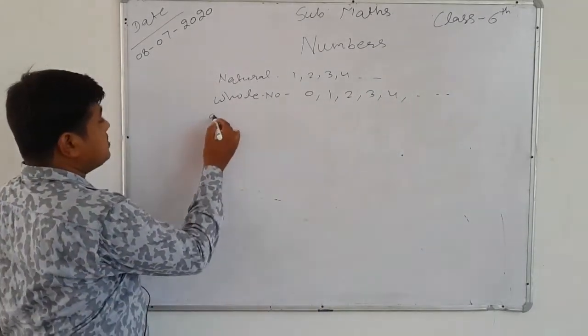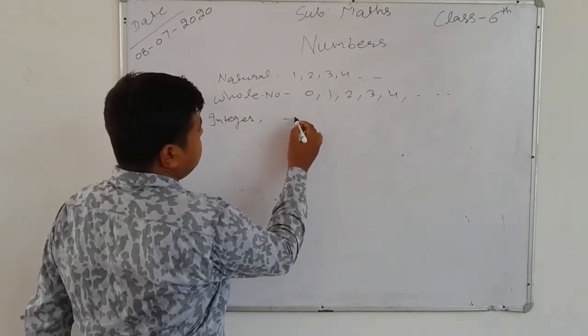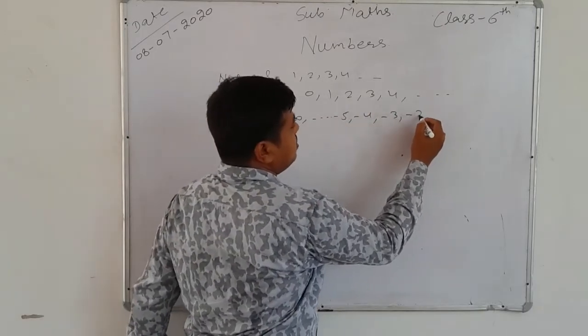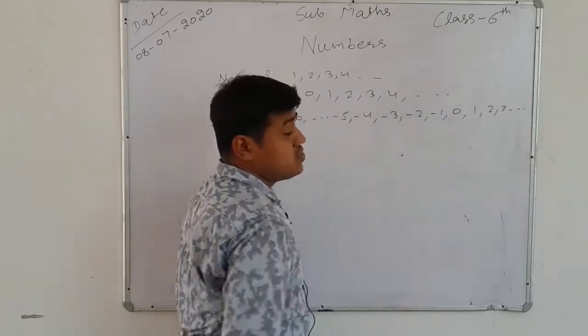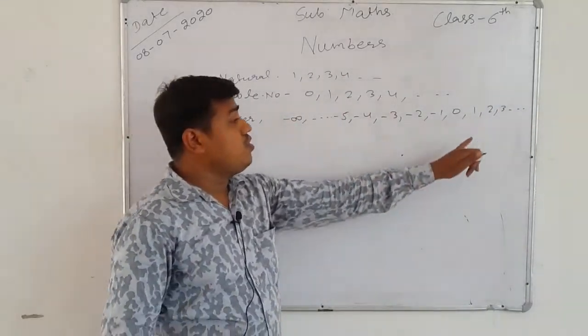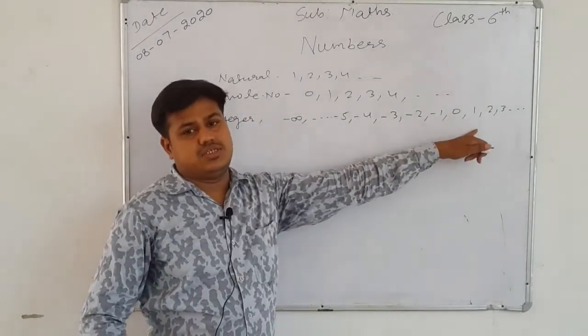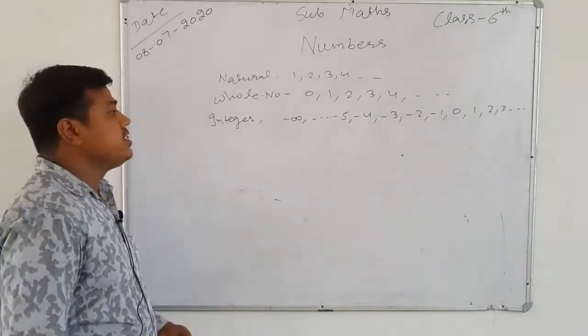Integers are from minus infinity to minus 5, minus 4, minus 3, minus 2, minus 1, 0, 1, 2, 3 and so on. It means all positive natural numbers, 0, and the negatives of natural numbers. So all these numbers are called integers.